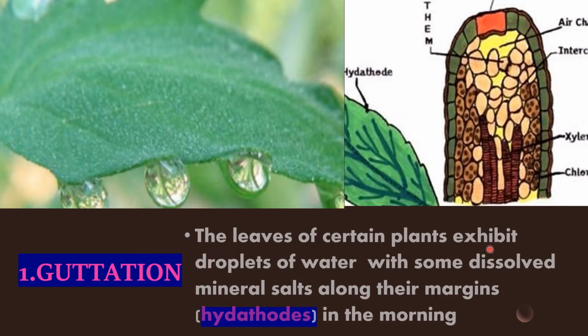The leaves of certain plants exhibit droplets of water with some dissolved mineral salts along their margins in the morning. A special structure is present in the margins of the leaf. That special structure is called hydathode.